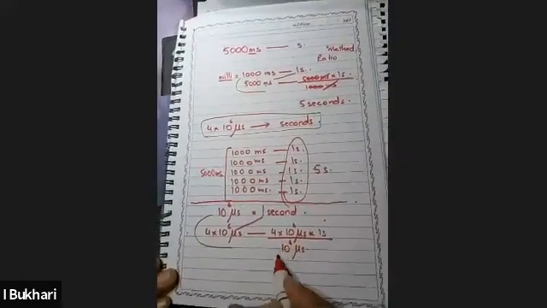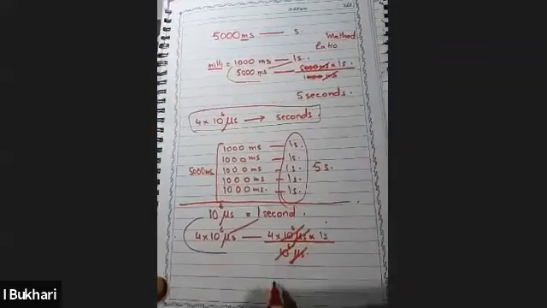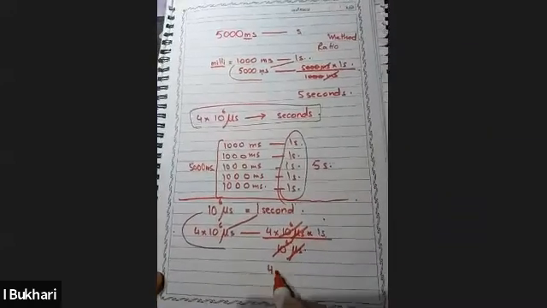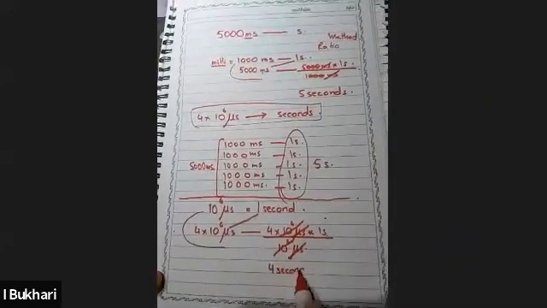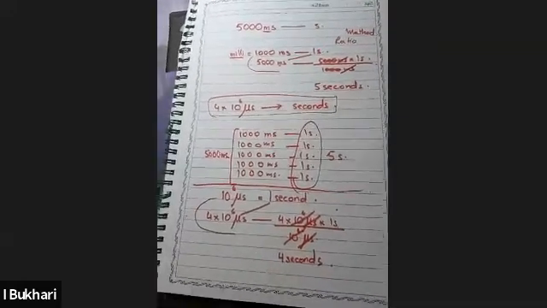So 10 to the power 6 and 10 to the power 6 get cancelled, and we are left with 4 seconds. Okay.